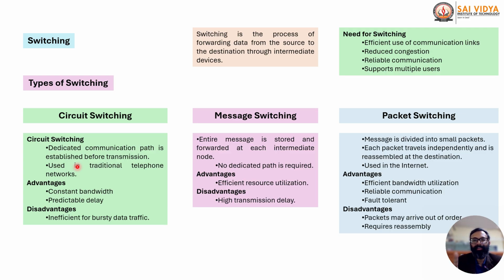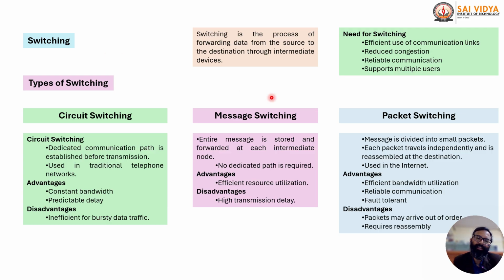Without establishing a telephone line, you cannot connect to the destination party. What are the advantages of circuit switching? Constant bandwidth you will get for that dedicated line, and you can predict the delay also. What are the disadvantages? For bursty data traffic, it is not efficient.